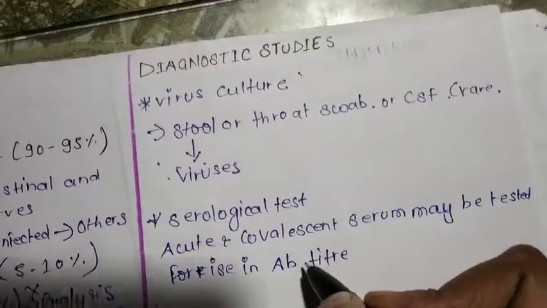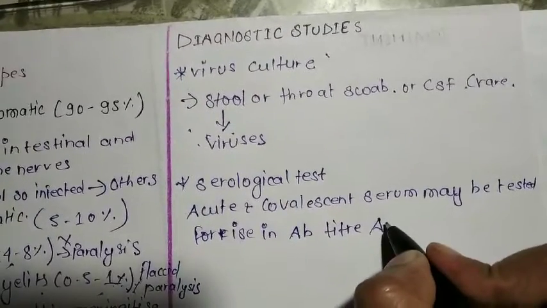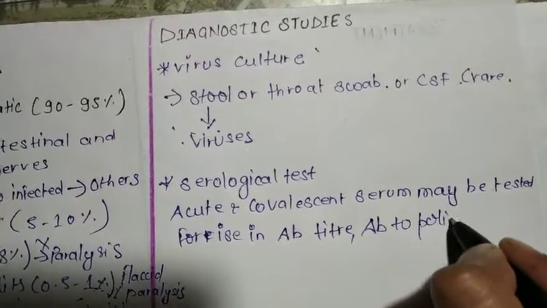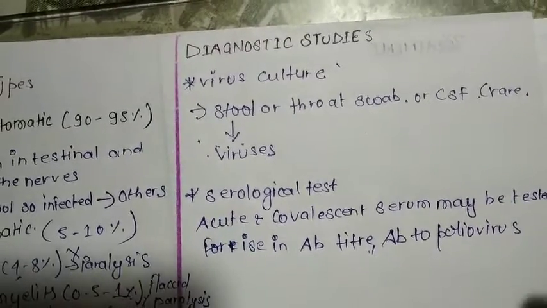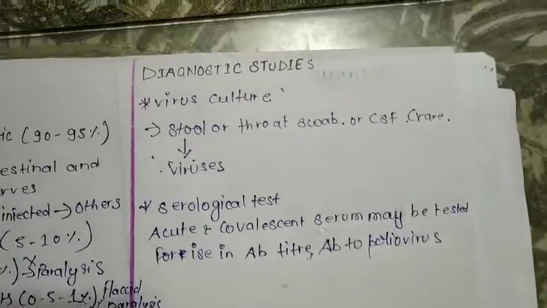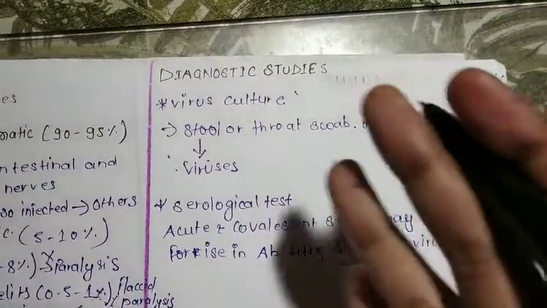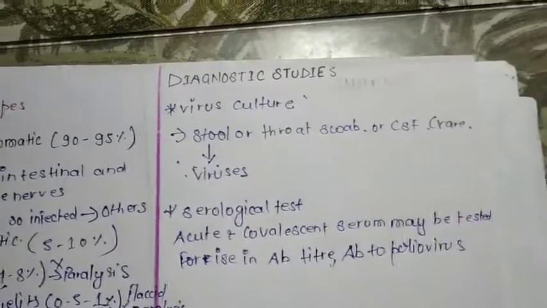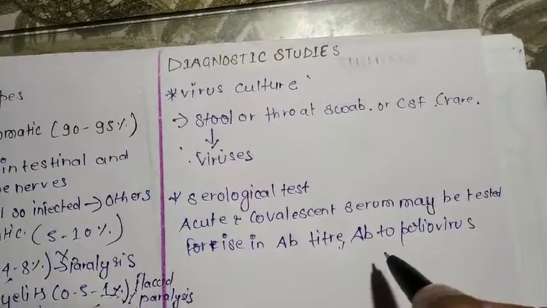AB is antibody, the antibody titer to polio virus. But the report can be difficult to interpret, as the titer rise may occur prior to the paralysis or after the paralysis. So this may show some difficulties.